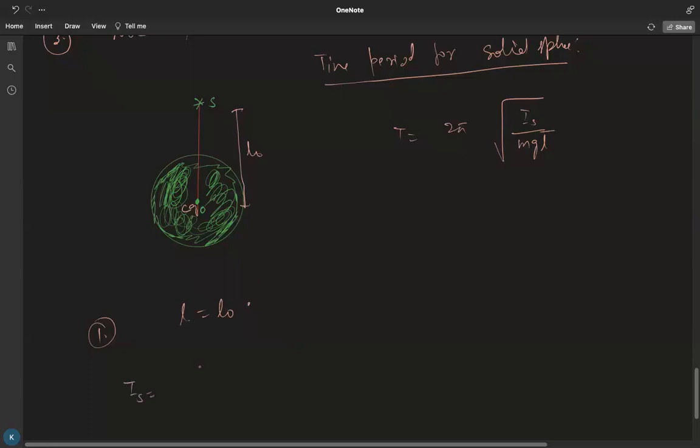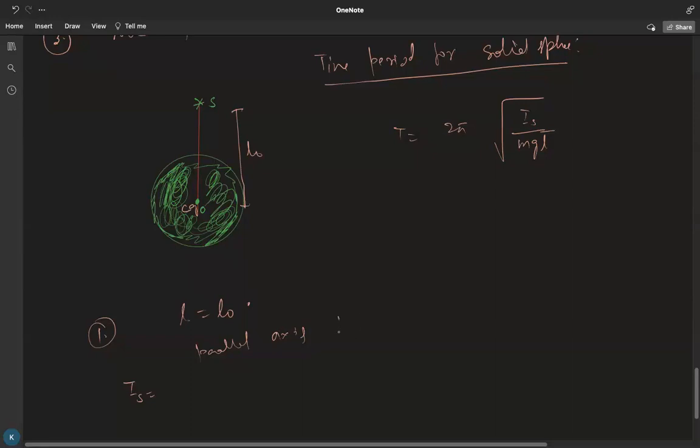So we have to use the parallel axis theorem. Why? Because we have the formula for the moment of inertia about the center of the solid sphere, but we don't have the formula directly for the other point.